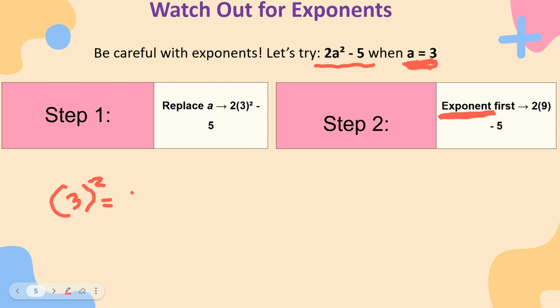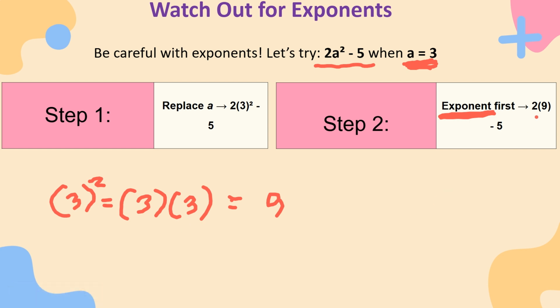The right way is 3 times 3. So 3 squared means 3 times 3, and what is 3 times 3? That would be 9. When we square 3, we have 9 because it means 3 times 3.